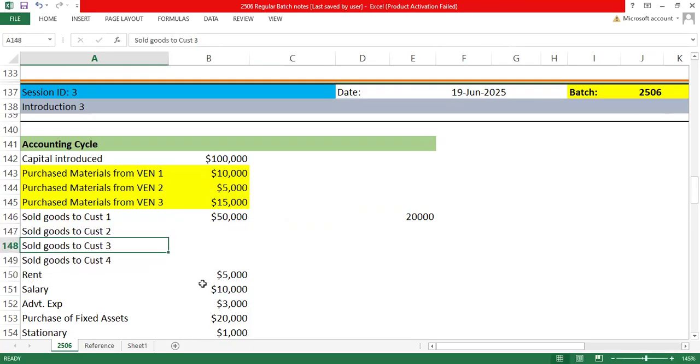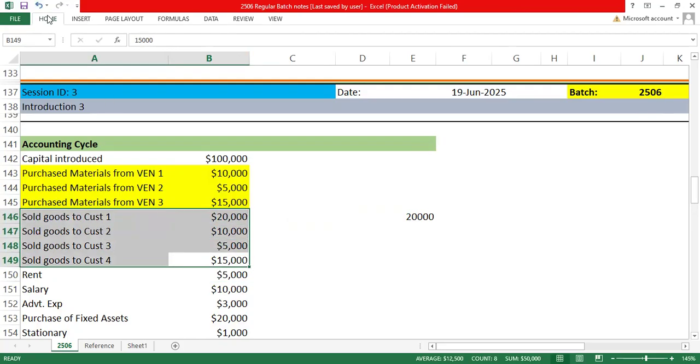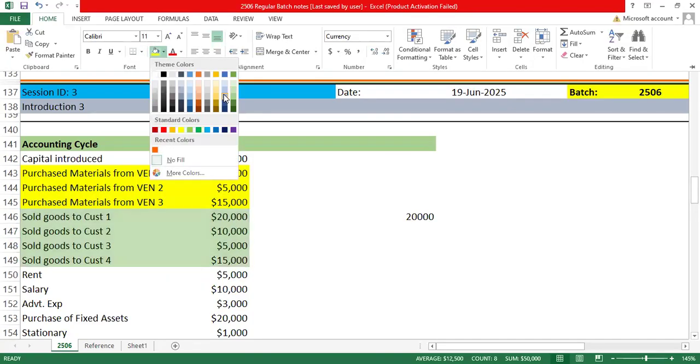Instead of 50, let me say 20,000, 10,000, which becomes 30 now, and 5,000 and 15,000. Put together, it is 50,000. Now, these are the other set of transactions that happened.